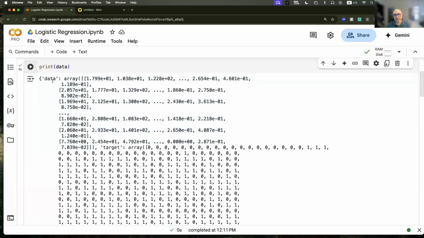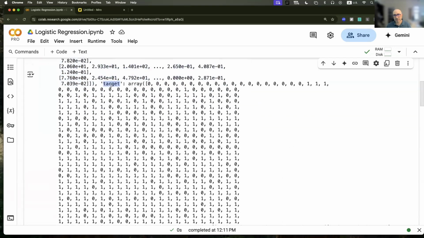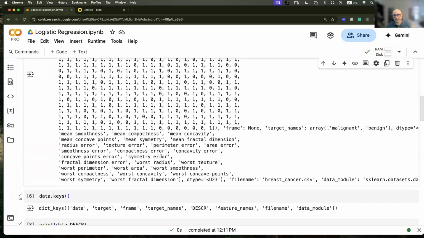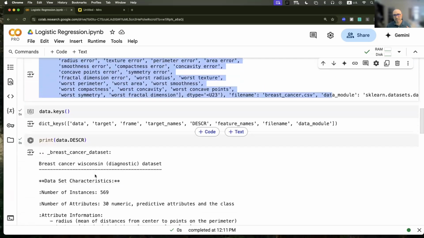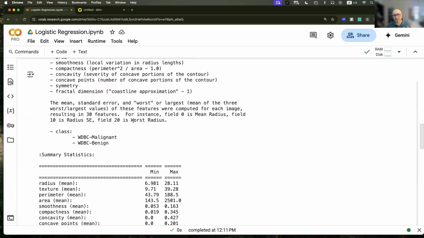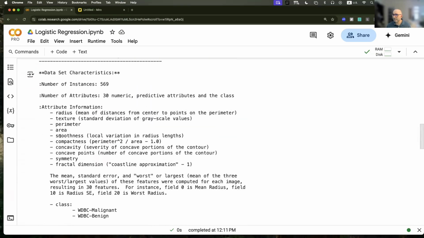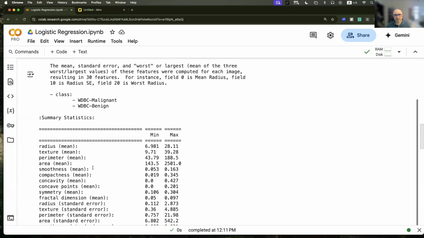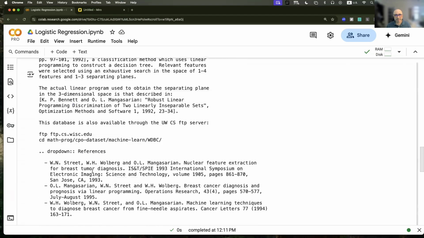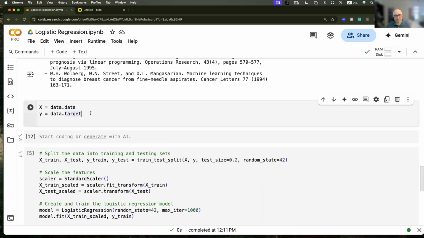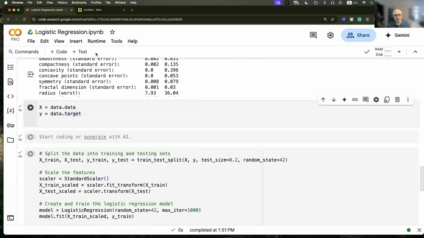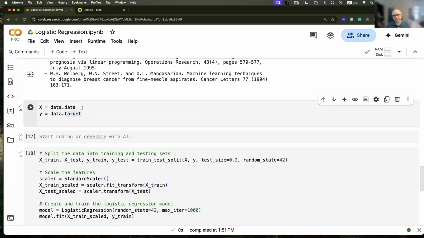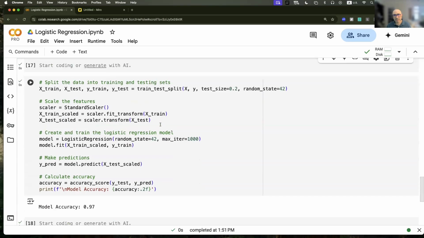This part is the features. We have the target, 0 or 1, whether the person has cancer or not. There are descriptions, feature names, and attributes you can look into. Then we import the features and the target.